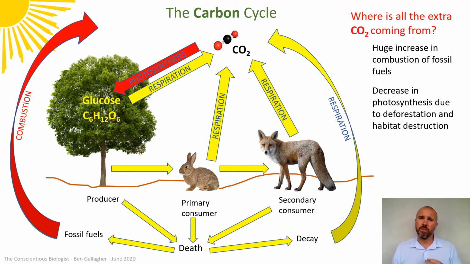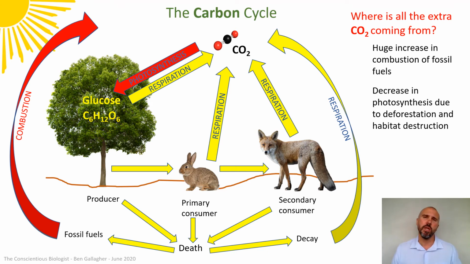A whole rugby field, every second disappearing. At that rate, it's been calculated that we would get through the entire world's forests in 100 years. There's 100 years left of forest on this planet if we keep cutting it down at the rate we're currently doing. Now that's just not sustainable.